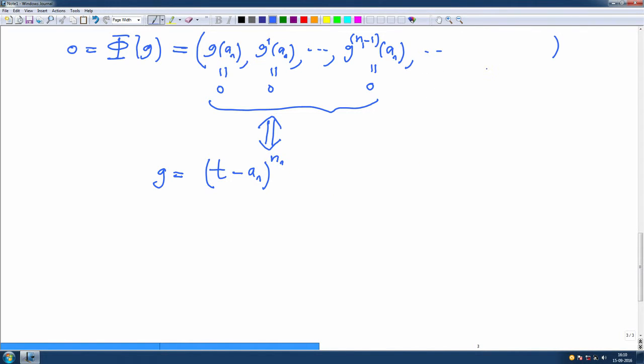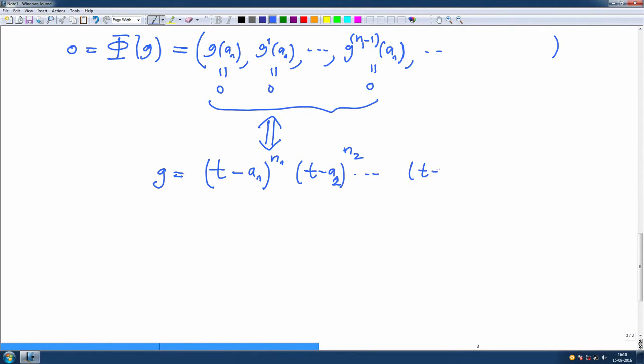The second block being 0 means, by the same argument, (t minus A2) power n2 is a factor of g. A1 and A2 are different, so these factors are co-prime. So, if this divides, then the product also divides, and so on.